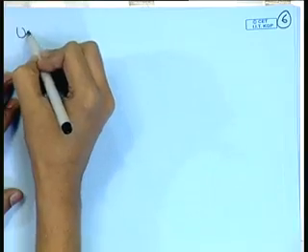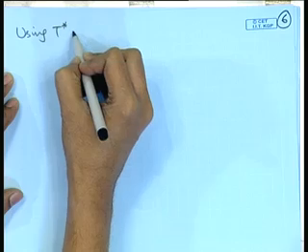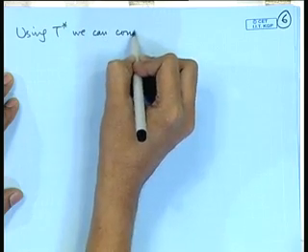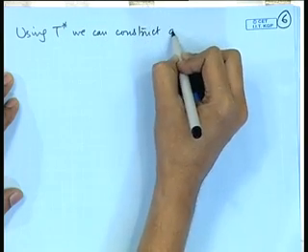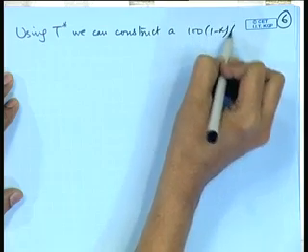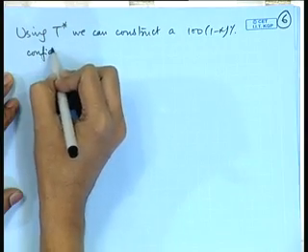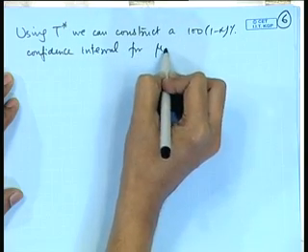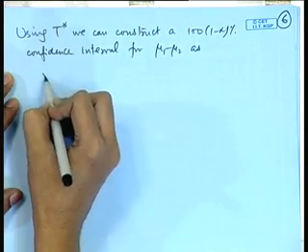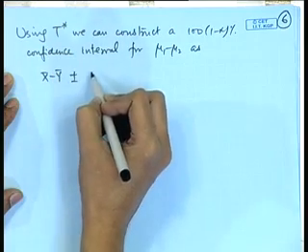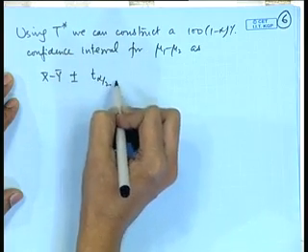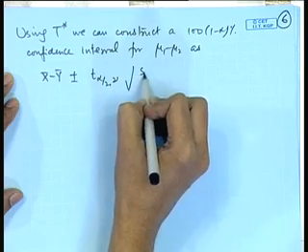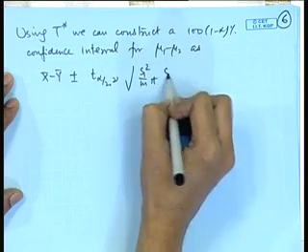So, using this one can write a confidence interval. Using T star, we can construct a 100 1 minus alpha percent confidence interval for mu 1 minus mu 2 as x bar minus y bar plus minus t alpha by 2, nu, square root of S 1 square by m plus S 2 square by n.